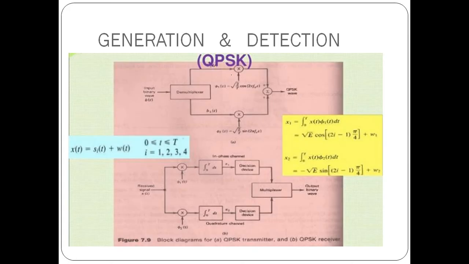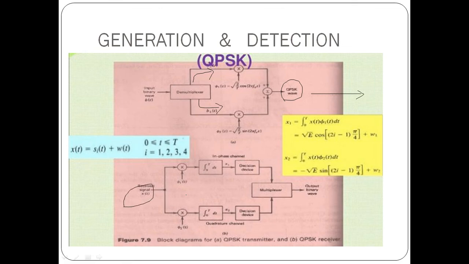So this is the transmitter. If I give the input to a demultiplexer, it will convert into an odd number sequence and an even number sequence as displayed earlier. Then I combine both to give the QPSK waveform that is transmitted through the channel, and the received signal is X of t.